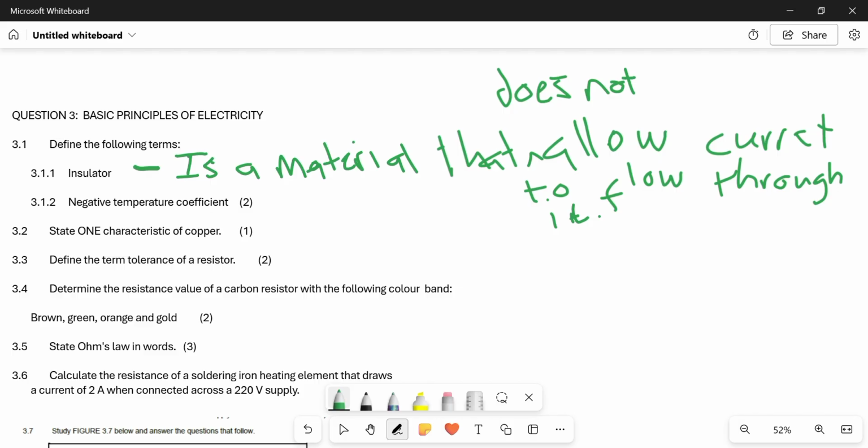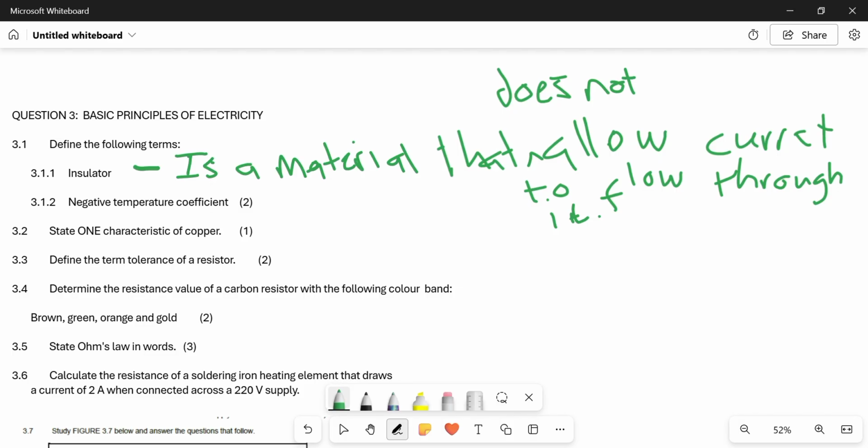I don't know if I'm making sense. In simple terms, if the temperature increases, the resistance decreases. That's a negative coefficient. You can just say the resistance is inversely proportional to the temperature. That's how we put it in scientific terms.